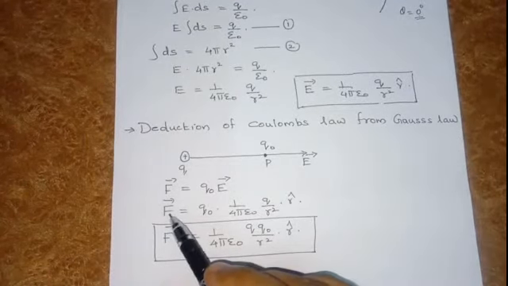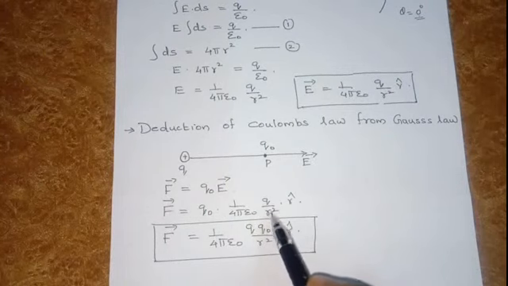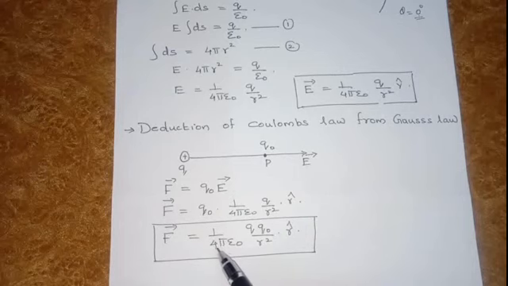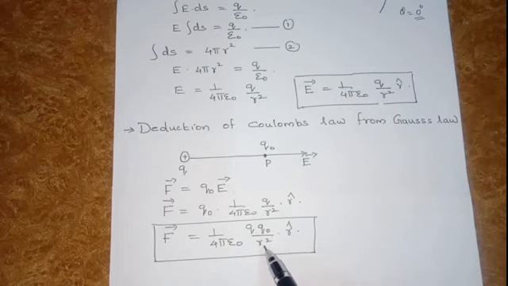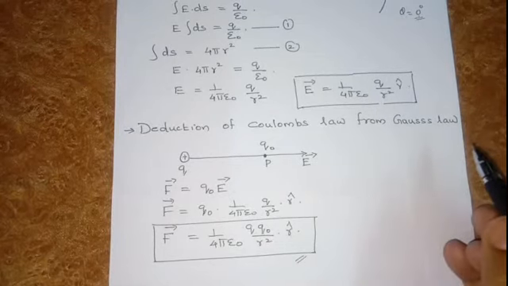I can substitute, therefore F is equal to Q0 times 1 by 4 pi epsilon 0 q by r square into unit vector r. That means F is equal to 1 by 4 pi epsilon 0 q q0 divided by r square into unit vector r. This is nothing but Coulomb's law of electrostatic force between two charges.